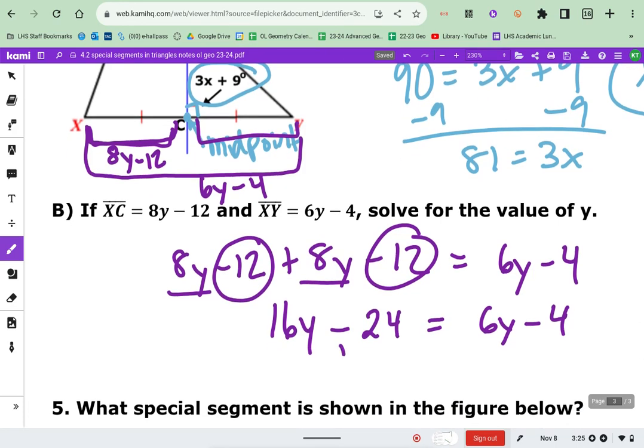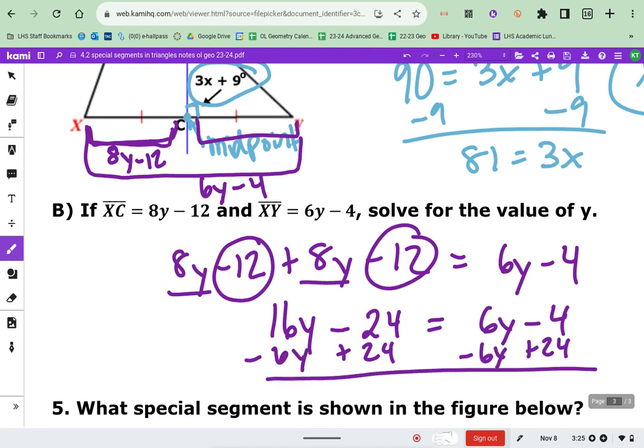Then I'll add 24 to both sides and subtract 6y from both sides to get 10y equals 20.